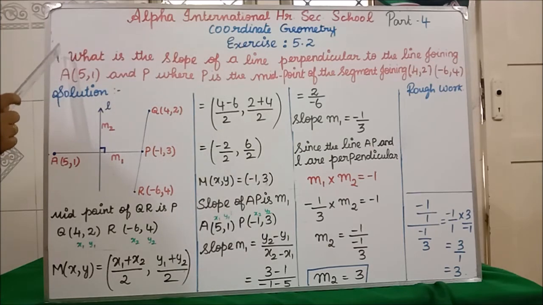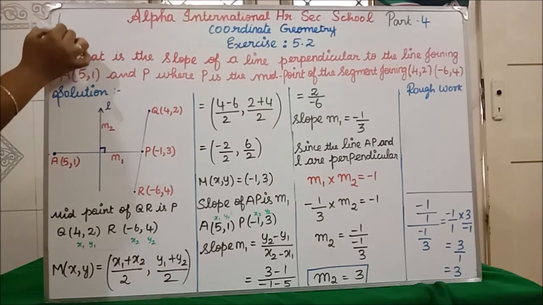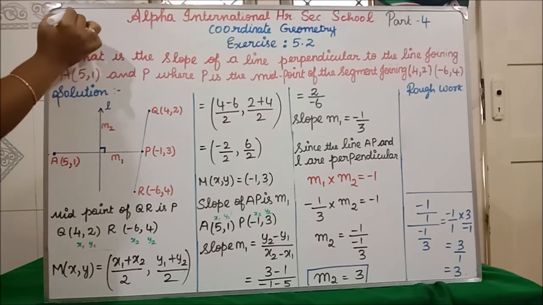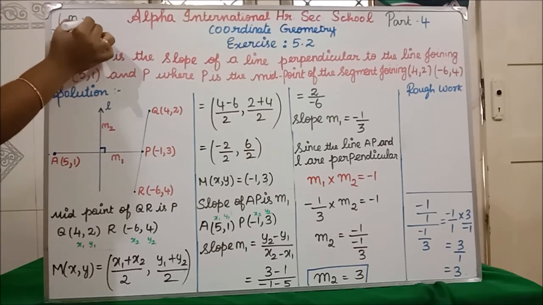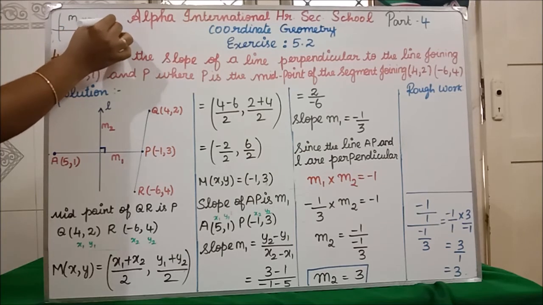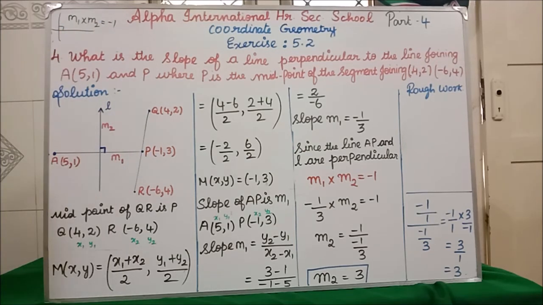We are going to find the slope, M. And they are saying it is perpendicular. Perpendicular means what formula I have told you? The formula for perpendicular is M1 into M2 is equal to minus 1. We are seeing the formula, isn't it?